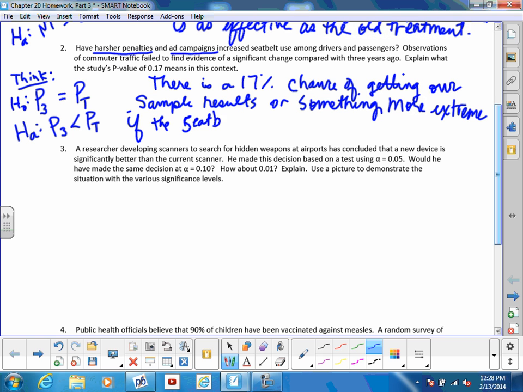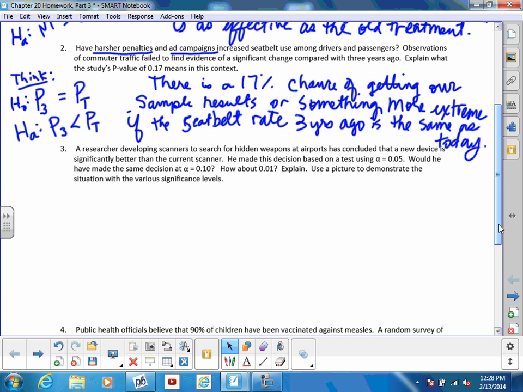Okay, I'm going to try and make this as short as possible. The seatbelt rate 3 years ago is the same as today. I think that's probably as easily as you can write that.